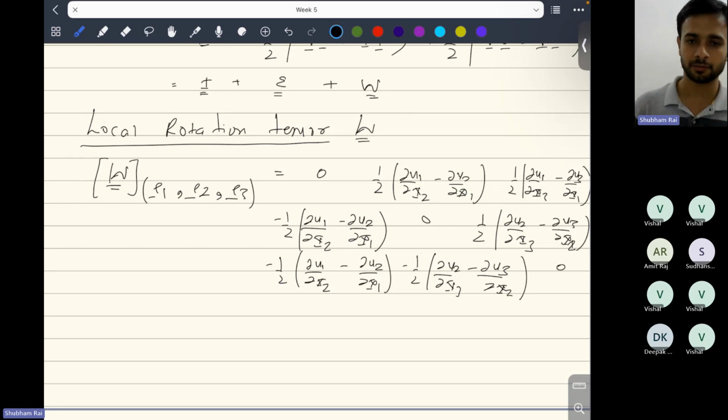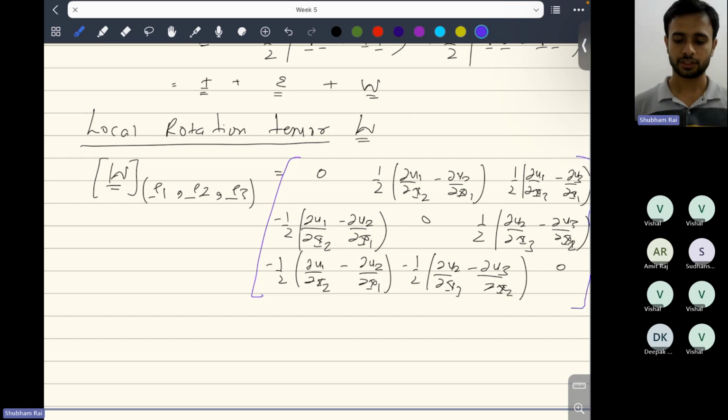Obviously the diagonal terms will be 0. So this is the overall rotation tensor that you have.